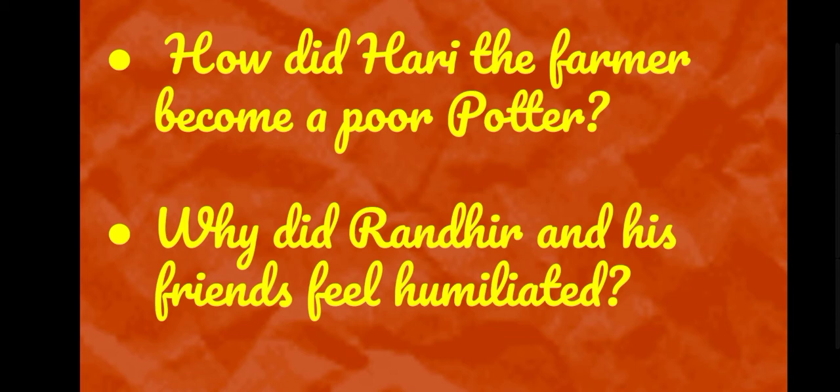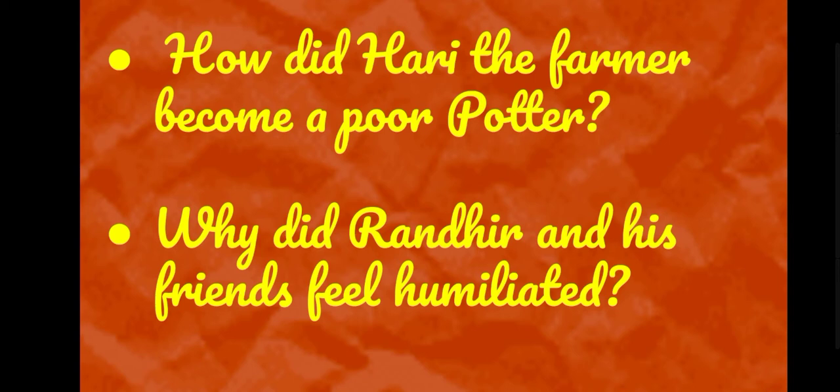When a drought came, there was a shortage of food grains as all the farmers were forced to grow indigo. The price of food grains became high. Hari could not afford to buy food for his family. He became very poor and had to work as a porter carrying luggage for other people.